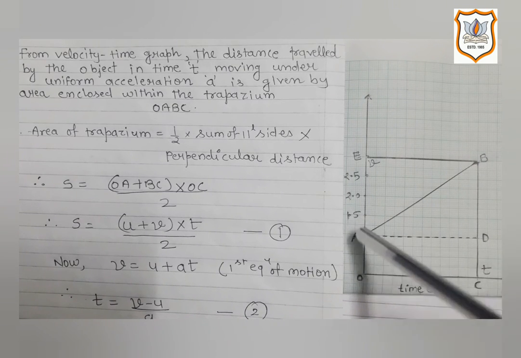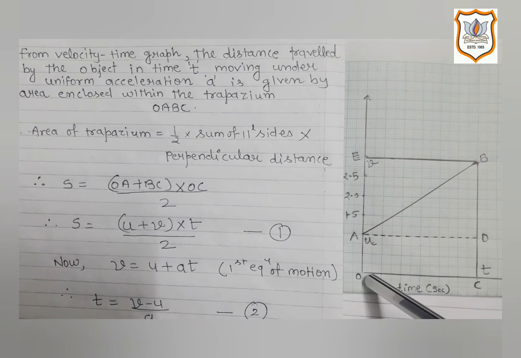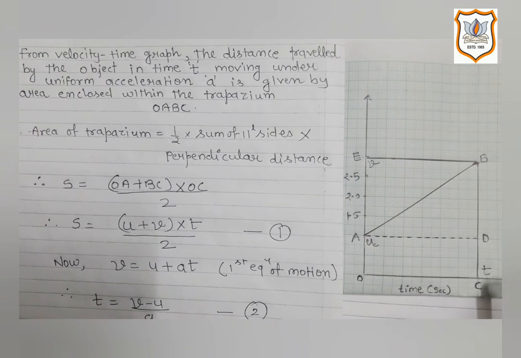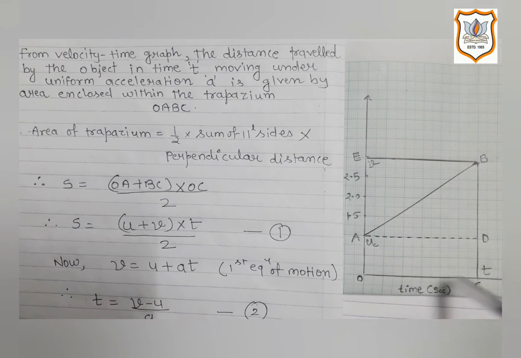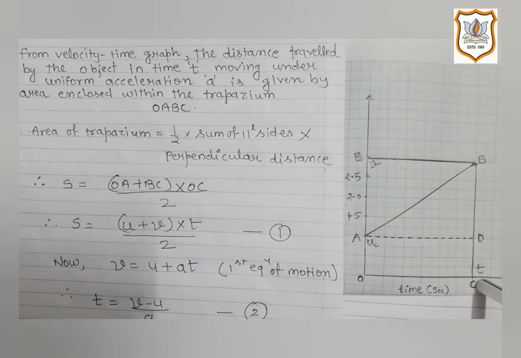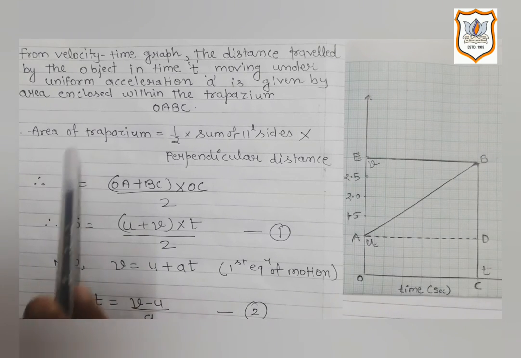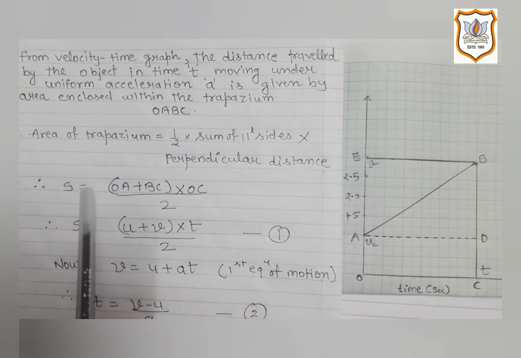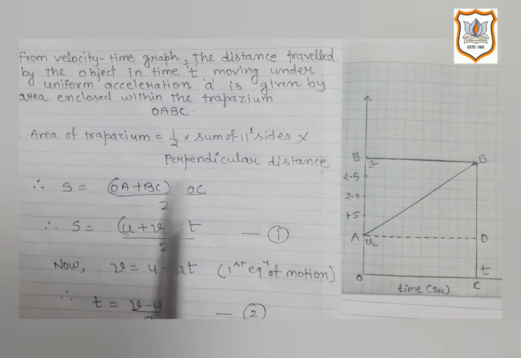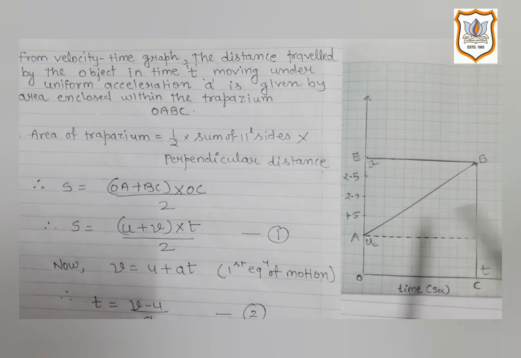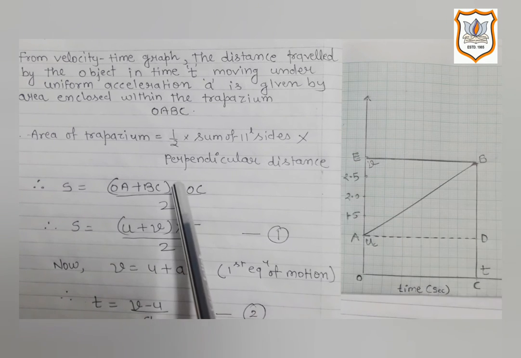In case of OABC trapezium, OA and BC are parallel sides, and OC is the distance between them, perpendicular distance between them. So we can write S, that is area of trapezium OABC, that is equal to S. S is equal to OA plus BC, sum of parallel sides, into OC.